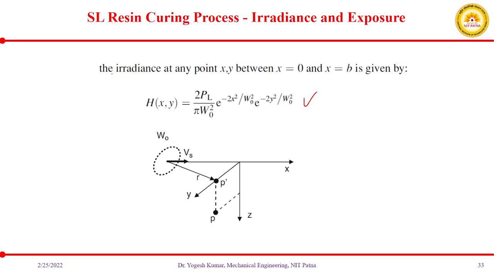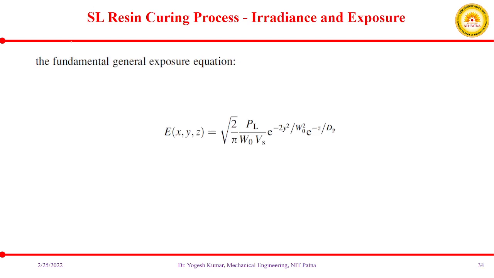The irradiation at any point xy between x equal to 0 and x equal to p is given by this particular formula.